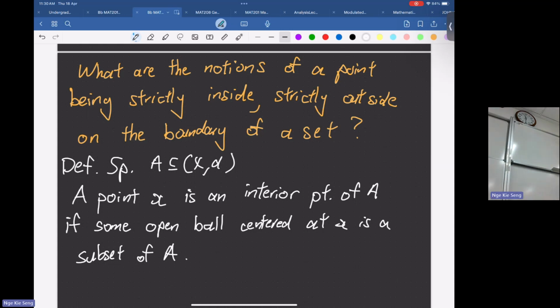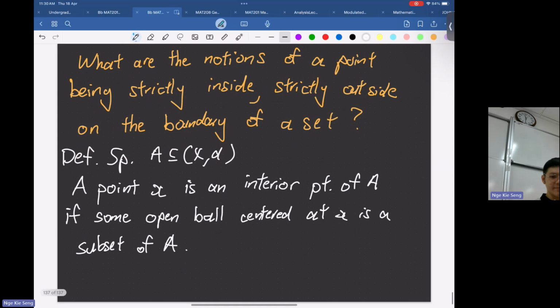You must be a bit away from the door. Later we'll define the boundary. You must have some room around you that is also inside the set, so that you can say you are inside A.